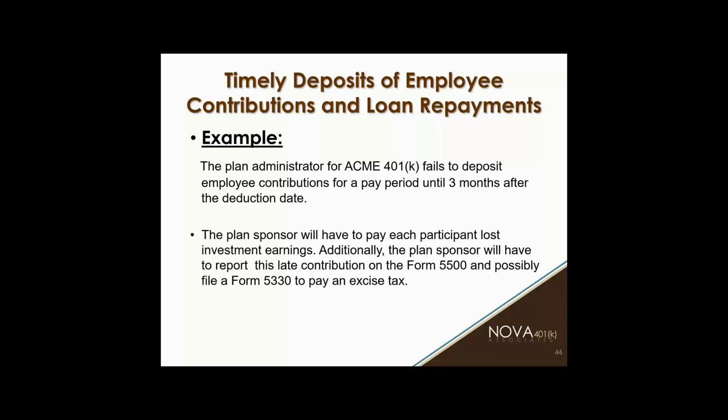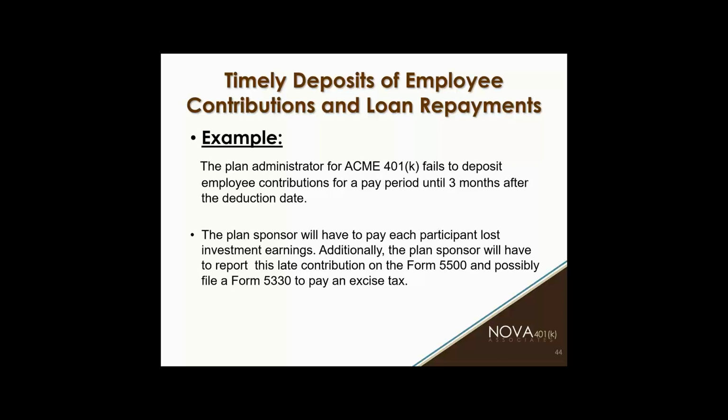So again, just an example. You have a plan that fails to deposit employee contributions for a particular pay period for 3 months, which is clearly late, right? How do we fix this problem? You have to restore lost earnings for the late period, right, which involves NOVA basically doing the calculation for you, and then it's also considered a prohibited transaction subject to some excise tax.